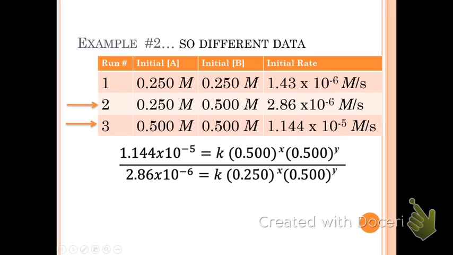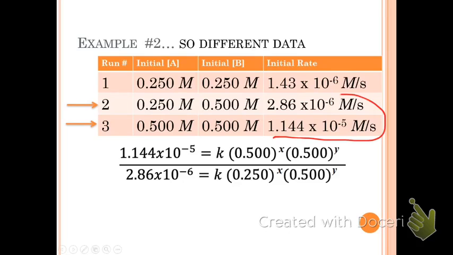However, when we look at our rate of reaction, the doubling of A causes your rate to change to 1.144 times 10 to the negative 5 in experiment 3, and leaving your reactant A at 0.25, with no change of your reactant B, gives you an initial rate of 2.86 e to the negative 6.